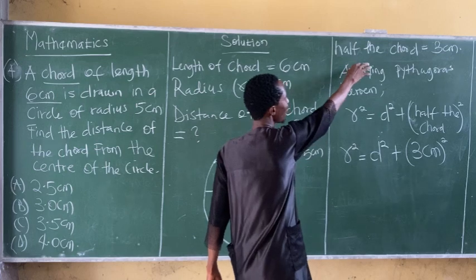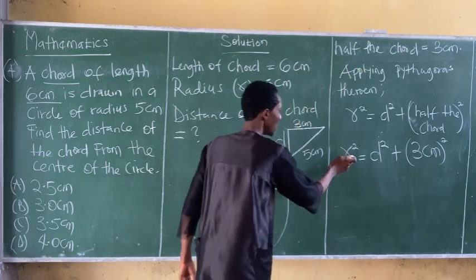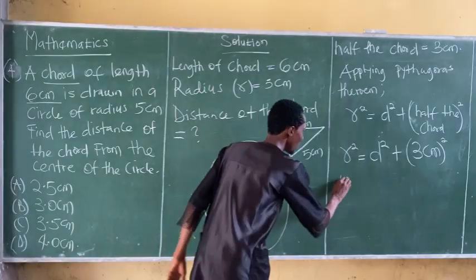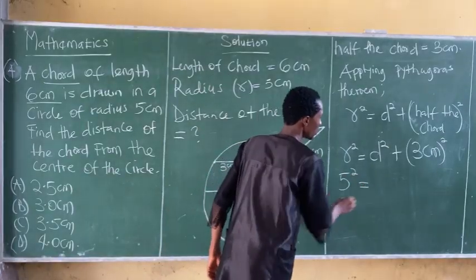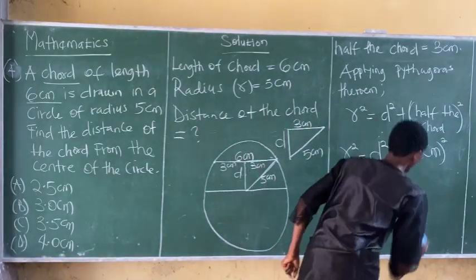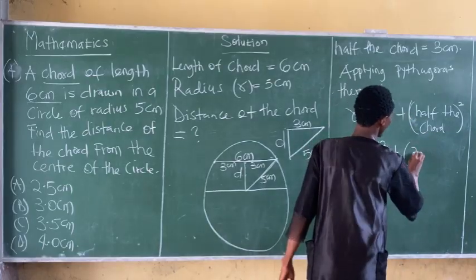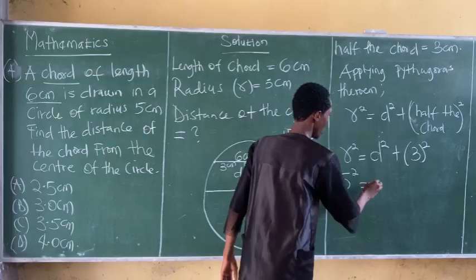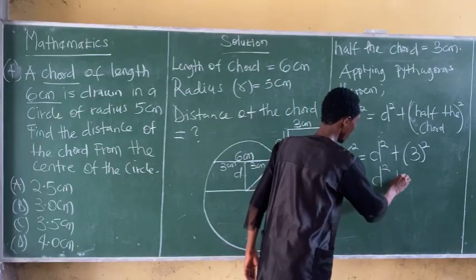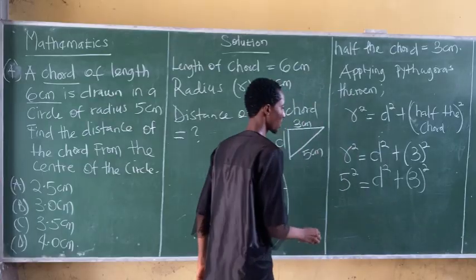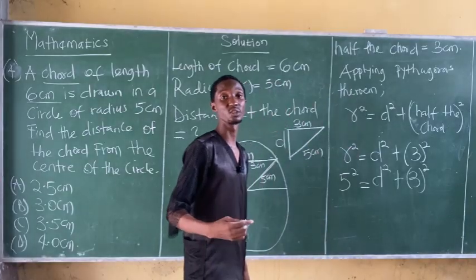If we substitute these values into this equation, instead of writing r square, we know the value of r to be what? 5. So we have 5 square is equal to d square plus 3 square. 5 square is 5 multiplying itself how many times?